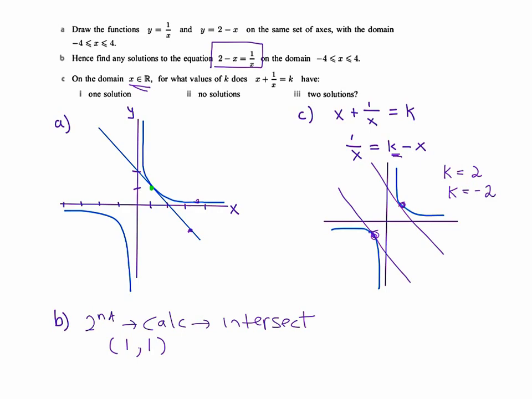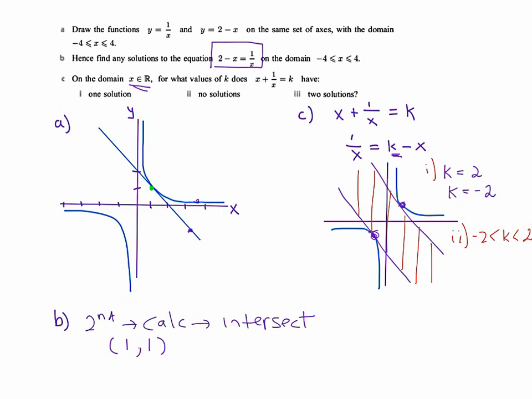All right, next, when are they going to have no solution? They're going to not intersect at all if the value was between these two purple lines. So for no solution, if k was in between -2 and 2, it will have no solution.